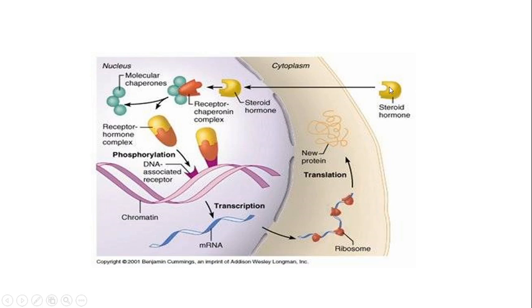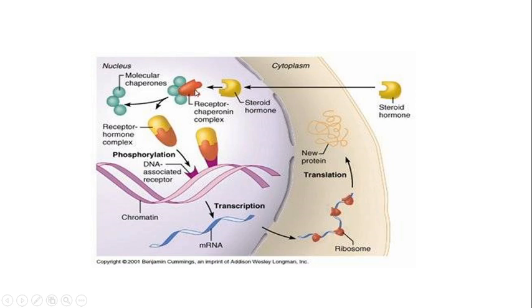This steroid hormone is going to directly cross the cell membrane because it is hydrophobic in nature, and when it enters the cell, as you can see, there are no extracellular receptors for these steroid hormones. The receptor is present inside the cell, therefore we call them intracellular receptors. When the steroid hormone enters the cell, it interacts with its receptor.